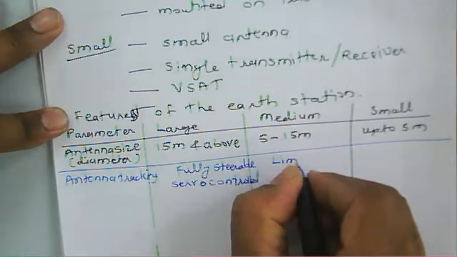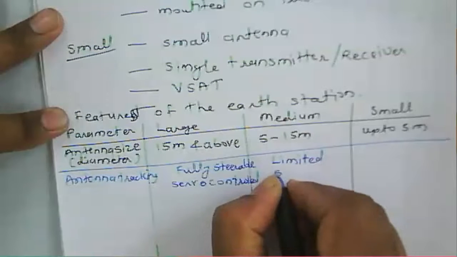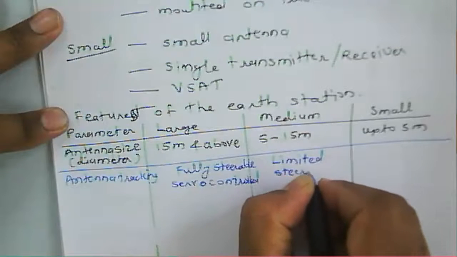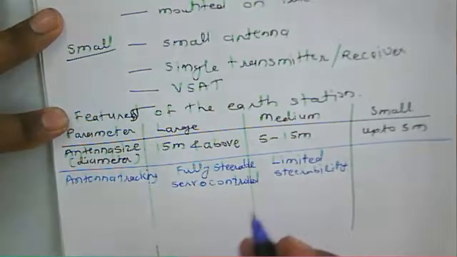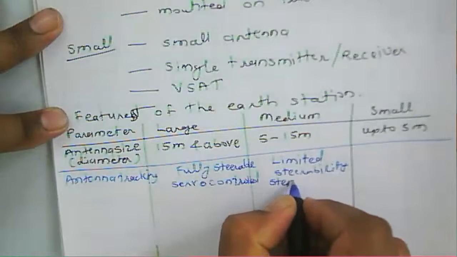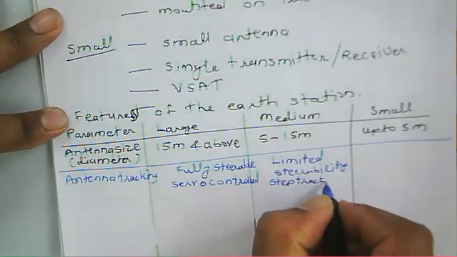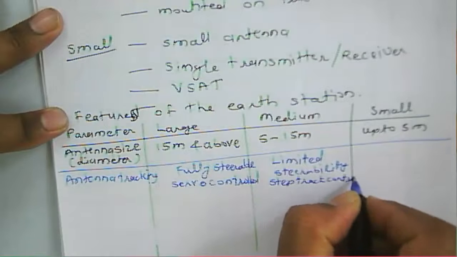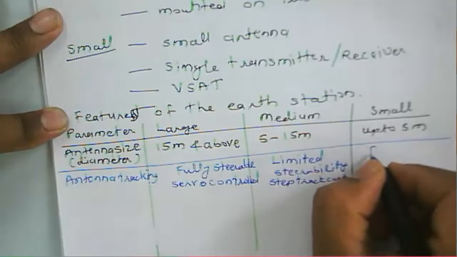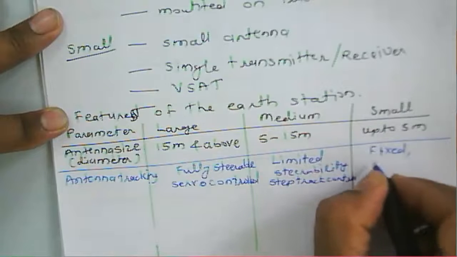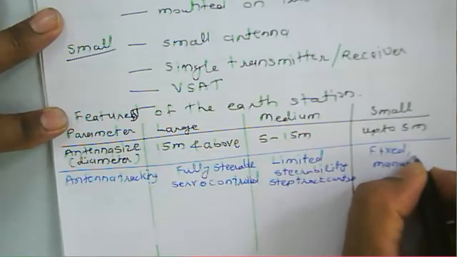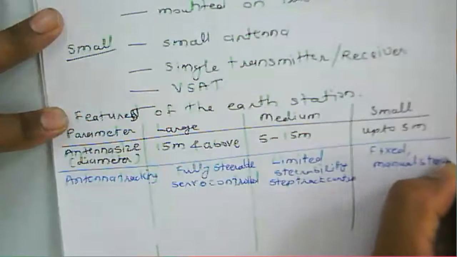In the next case, limited steerability, or you can say step track control. And this one is a fixed one, or we can say a manual steering.